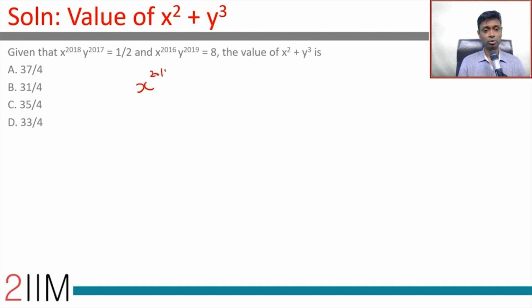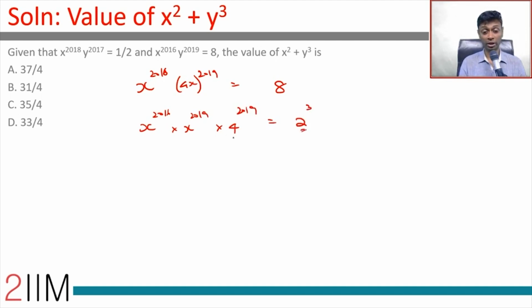X bar 2016 into 4x bar 2019 is 8. X bar 2016 into x bar 2019 into 4 bar 2019 is 2 cube. It is 2 cube. I'm going to write this as 2 square. X bar 2035 into 4035 into 2 bar 4038 is 2 cube.